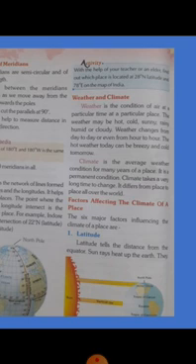So weather changes from day to day or even from hour to hour. The hot weather today can be breezy and cold tomorrow. So this changing atmospheric condition is called weather.